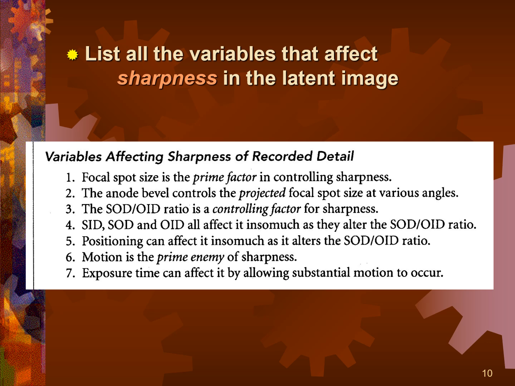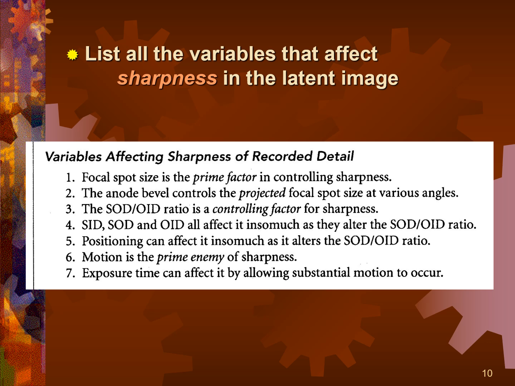It's better if I draw it because I'm talking about similar triangles. The adjacent sides are literally the OID to the SOD, okay? And that's where that ratio comes from, the ratio of similar triangles for penumbra or sharpness.